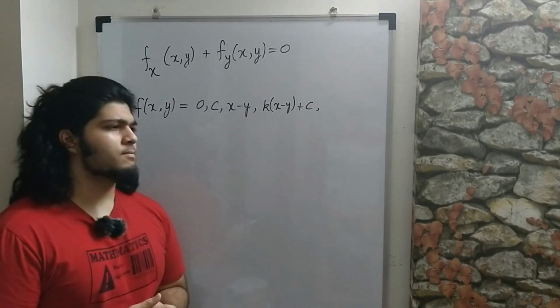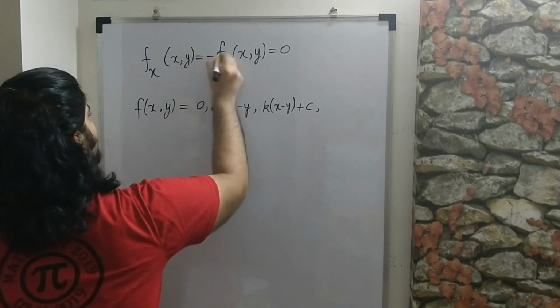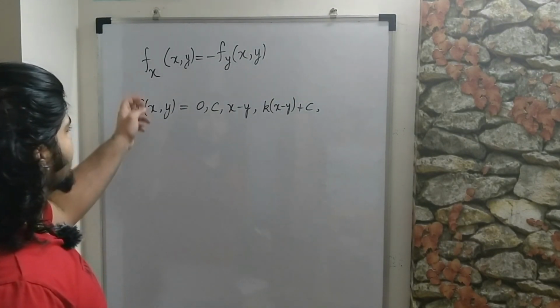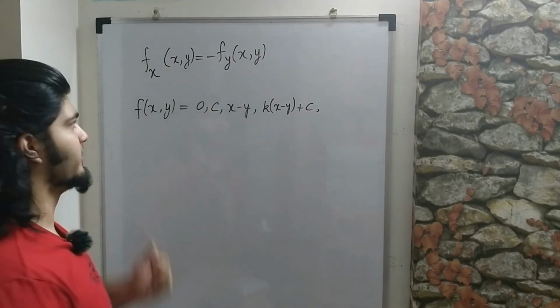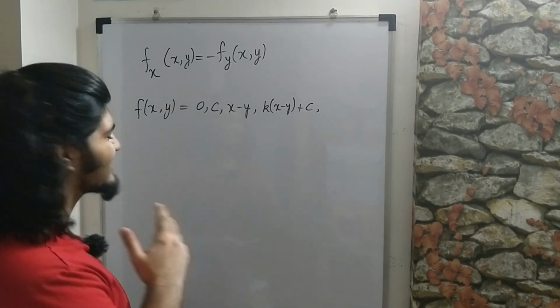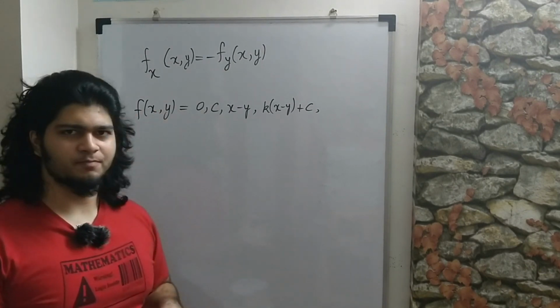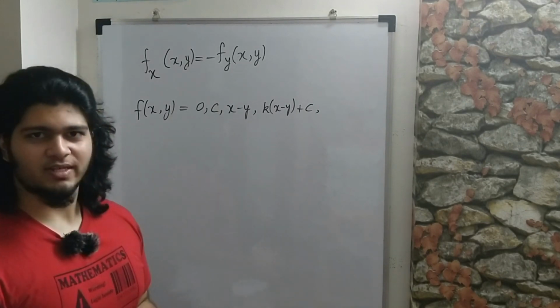Well, if I rearrange this, let's see what we get. The partial derivative in x is equal to the negative of the partial derivative in y. And this kind of looks familiar, because this is suggesting a certain function which doesn't really change when you differentiate it.